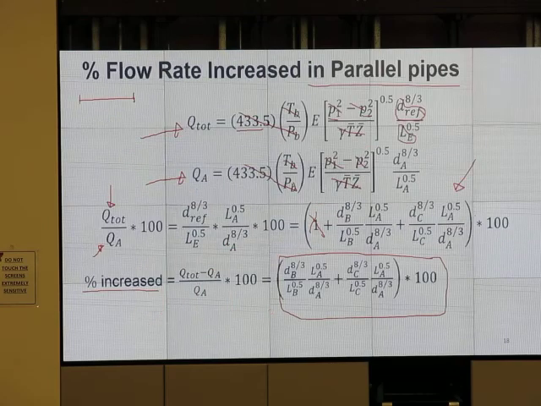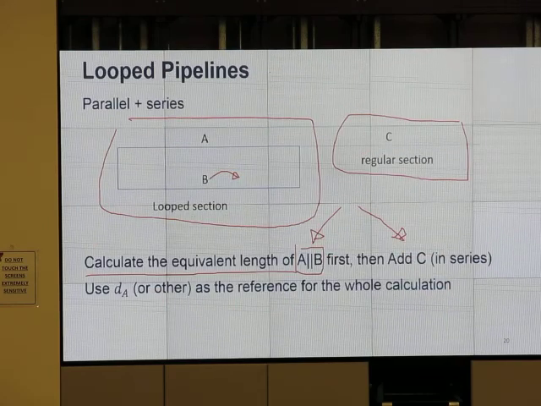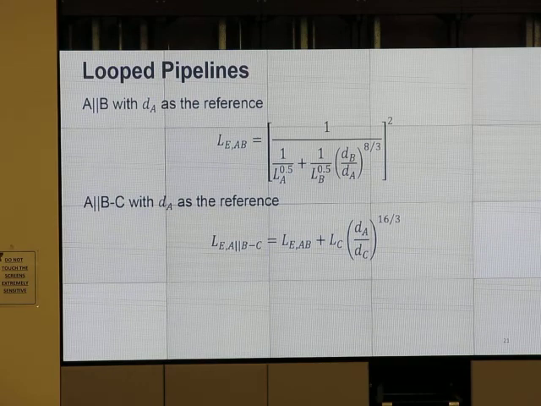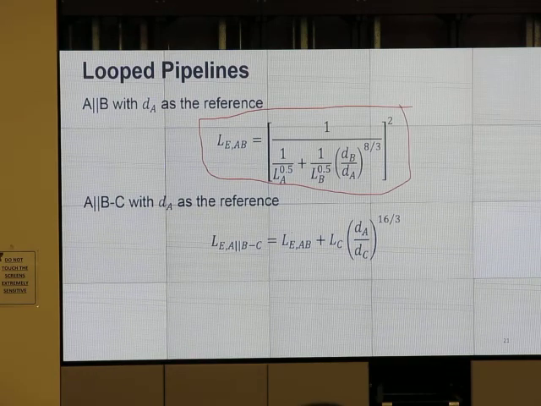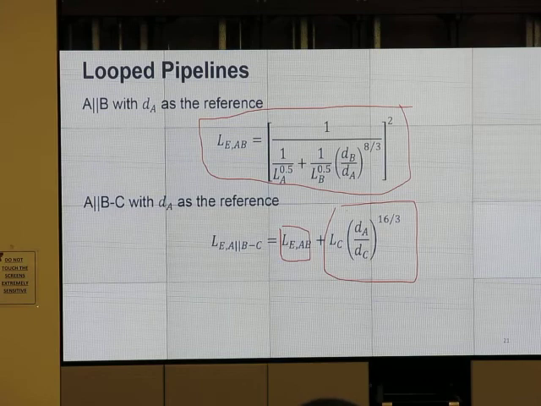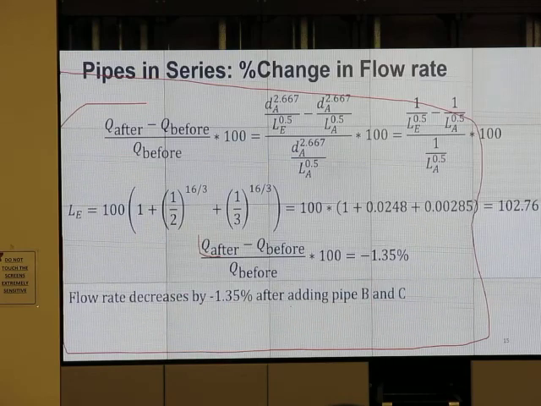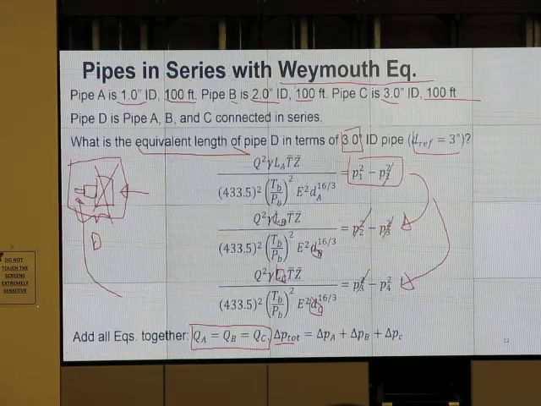So we use the parallel formula for that, and then we use the series formula, and I call that LAB. I add them with that. Then I'm done. This is the formula for series connection.